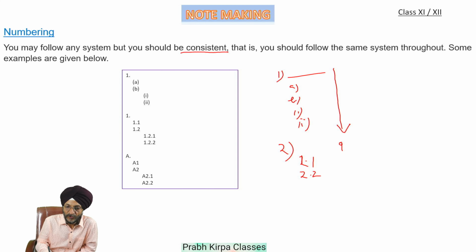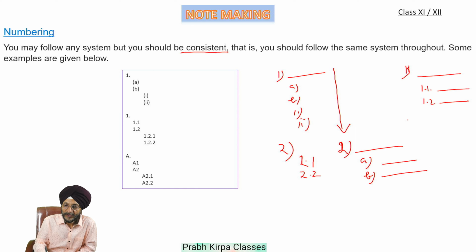You will mention 2, then you will write A, then you will write B. Whatever numbering system you use, you will have to follow the same. Suppose you use 1, then 1.1, then 1.2. Then if you come to the second heading, you cannot say that after writing 2, you start writing A, B. No, this is not correct. You will have to follow this pattern.